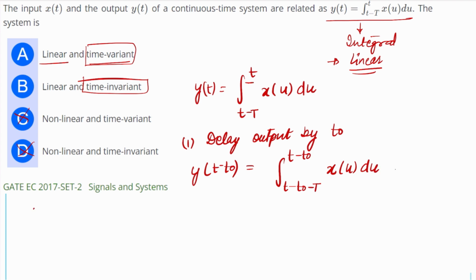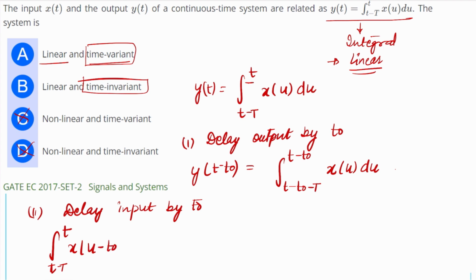Right. Now, second thing, we have to apply a delayed input. Delay input by t naught. So integral up to t of x(u minus t naught) du. Now we have to write the input here only. So we can just say that let's keep u minus t naught equal to tau.